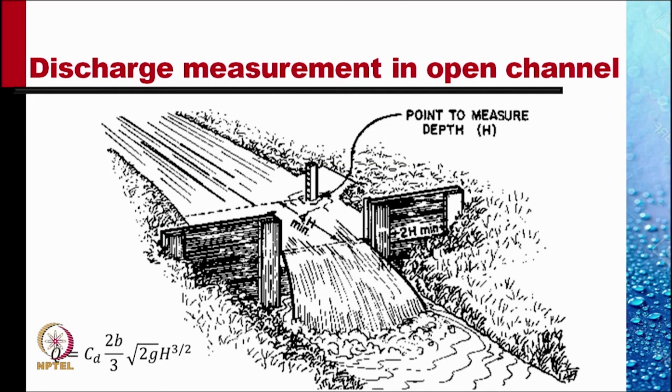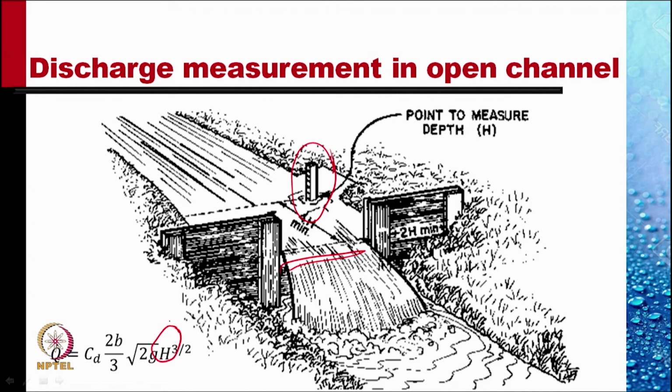For example, in this channel, an obstruction is created, a vertical scale is erected so that 0 of this coincides with the base of the cutout here in this obstruction. So the water flowing there, we measure the level, and this measurement is capital H.